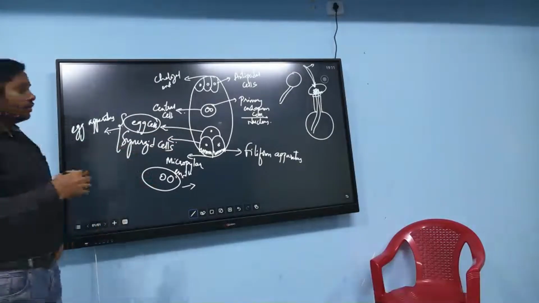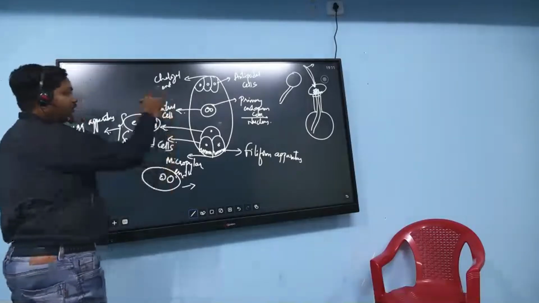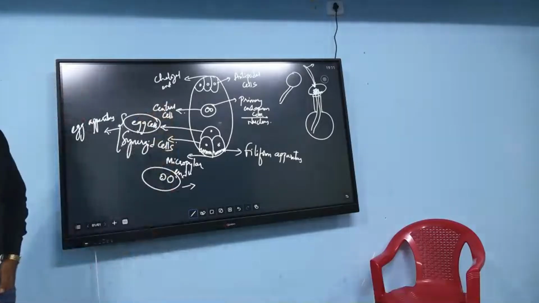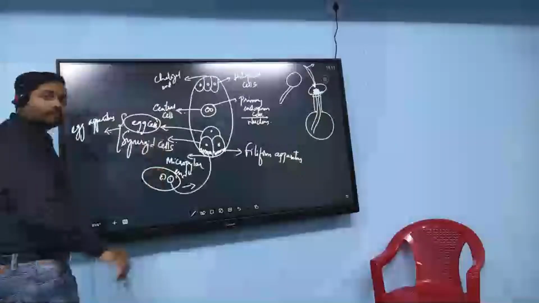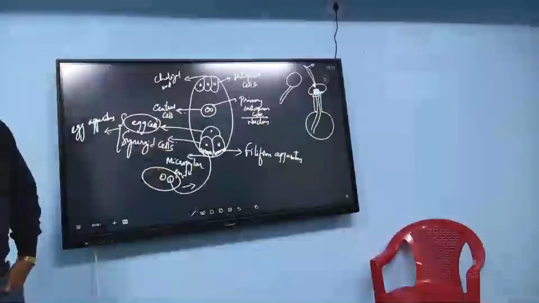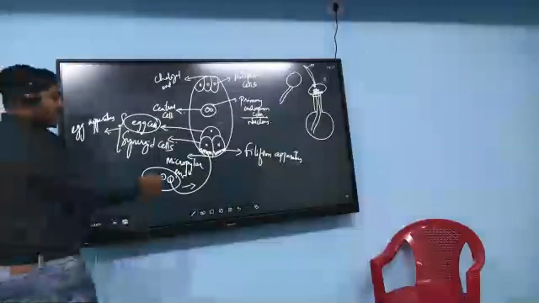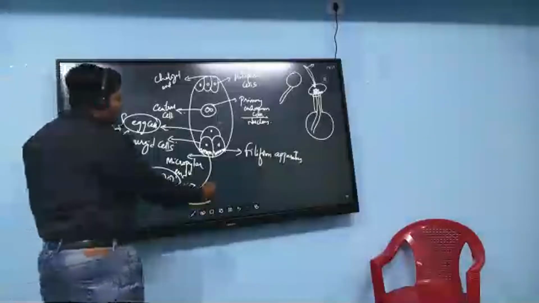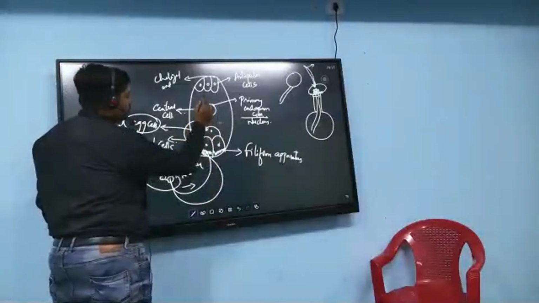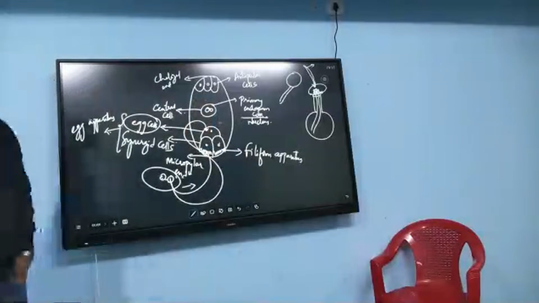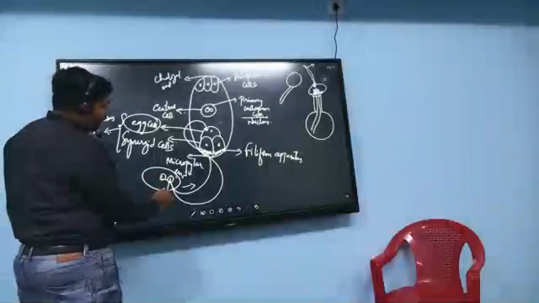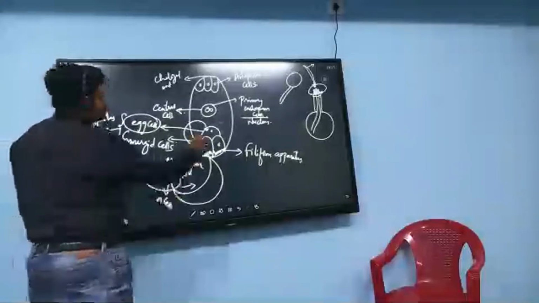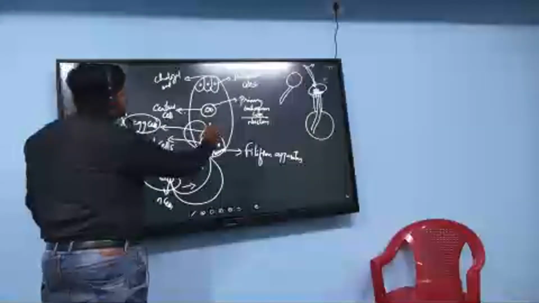Now, the male gamete doesn't know where to fuse. So with the guidance of the filiform apparatus, one male gamete will go and fuse with the egg cell. One male gamete, n cell, fusing with an n cell.